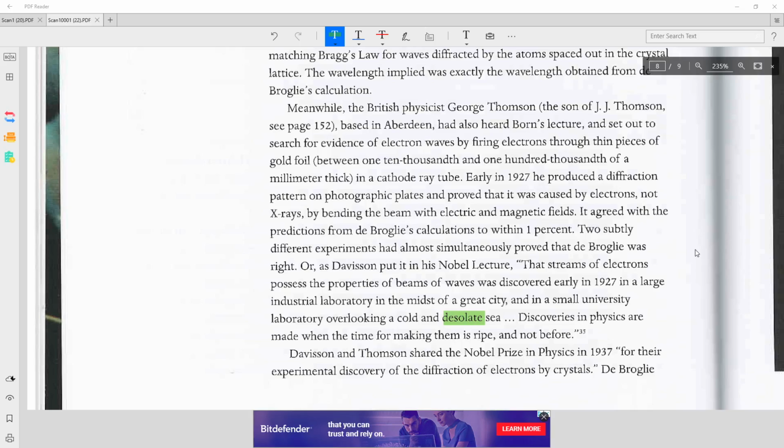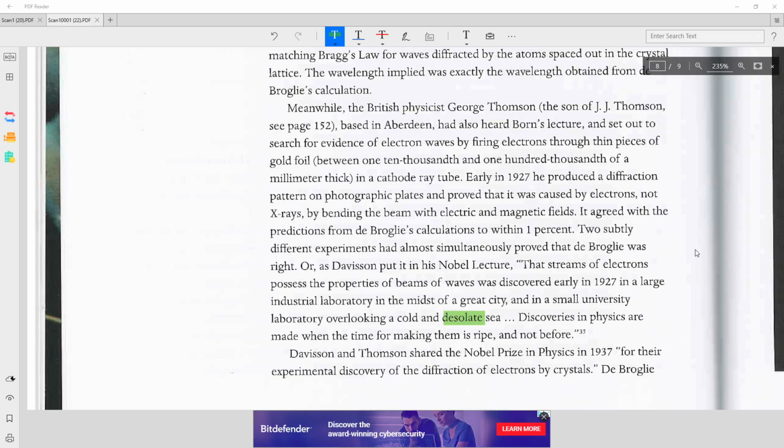Early in 1927, he produced a diffraction pattern on photographic plates and proved that it was caused by electrons, not X-rays, by bending the beam with electric and magnetic fields. It agreed with the predictions from de Broglie's calculations to within 1%.